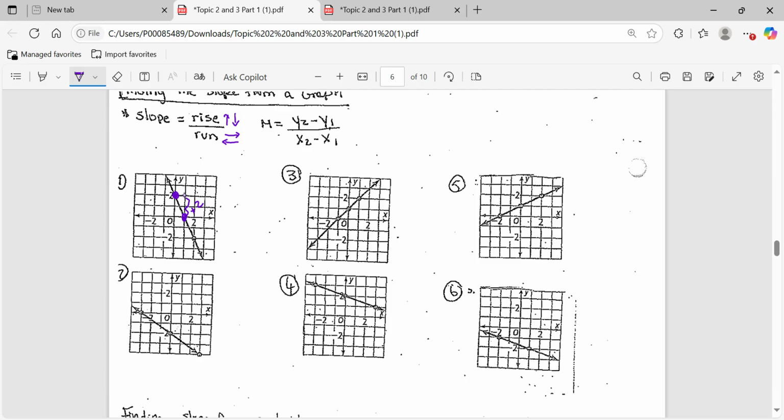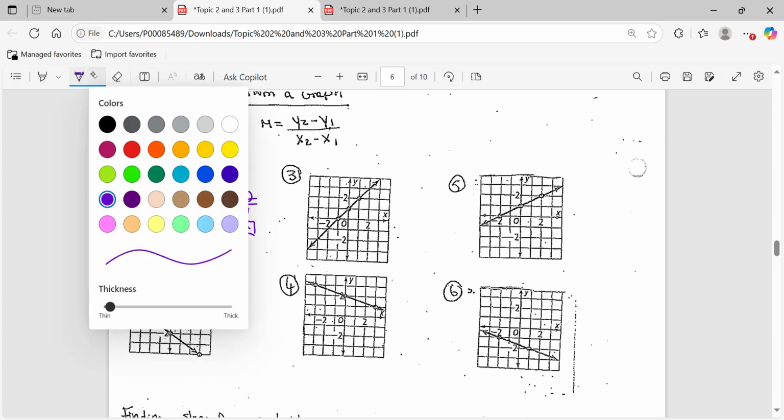And then you would go to the left 1 unit, backwards 1. So that your slope would be negative 2 over 1, which is just the same as negative 2. That becomes a little easier when it's on a graph and you could clearly see where they intersect.